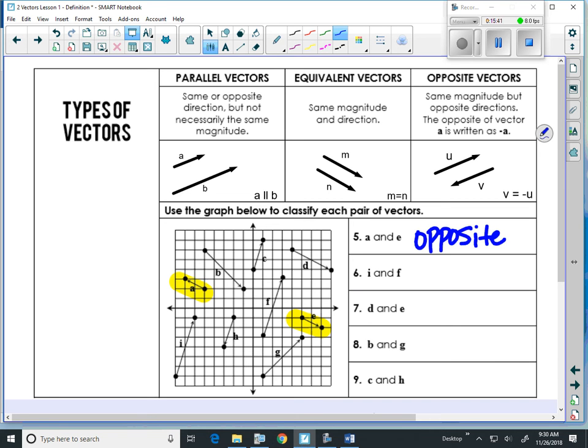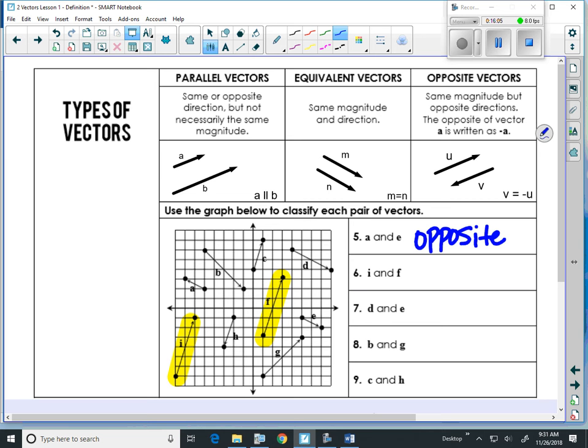What about I and F? Let me highlight those. Here's F and here's I. What do you think? It's either parallel, equivalent, opposite, or none. What do you think, Emmett? Emmett thinks equivalent. Now for them to be equivalent, they have to go in the same direction.